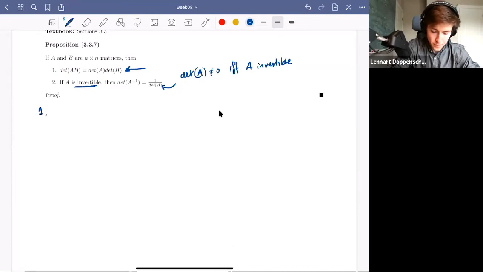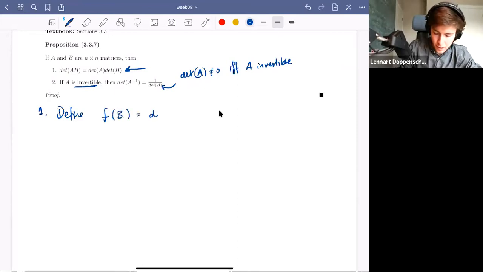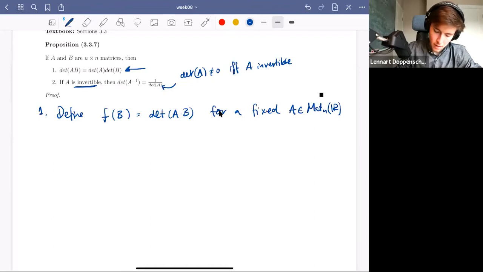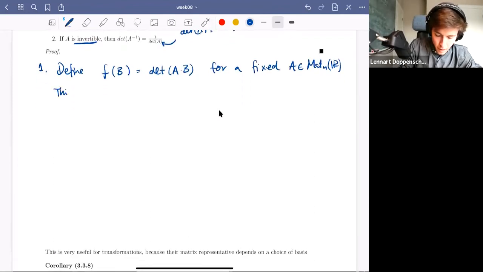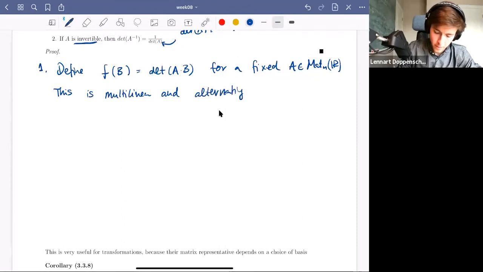So if we define a function f, where f of B is the determinant of A times B for a fixed matrix A of size n by n, then we can observe that this is multilinear and alternating, because if you think about the matrix product A times B, how do we observe that this has 2 of the properties that we want for the determinant?